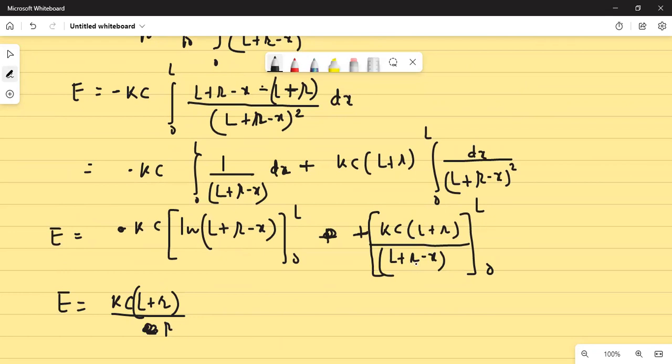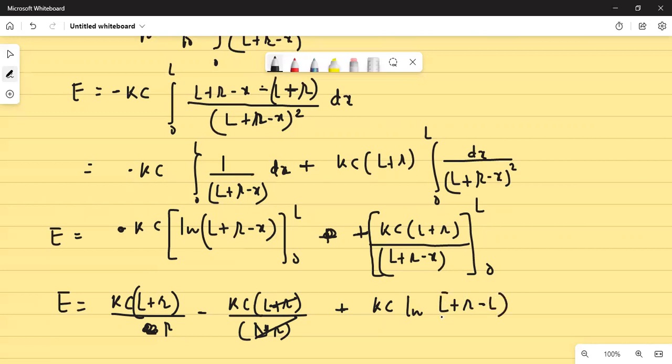This is Kc (L plus R) divided by R minus Kc (L plus R) divided by (L plus R). So this Kc would get cancelled with this Kc. So this will be Kc L upon R, plus Kc ln of R minus ln of (L plus R), and then minus Kc, a log of L plus R.